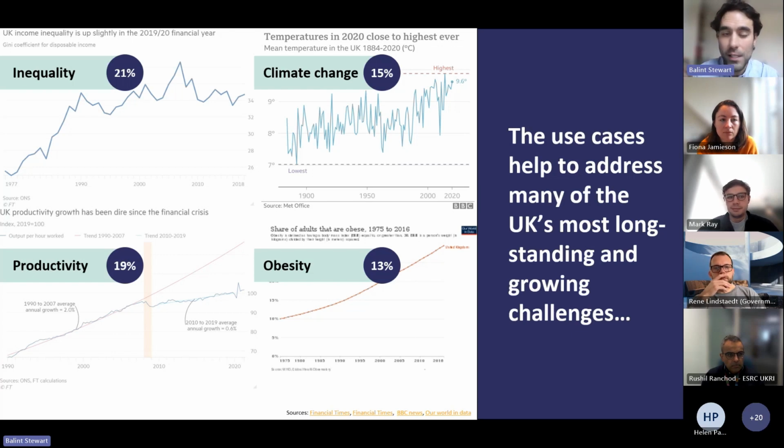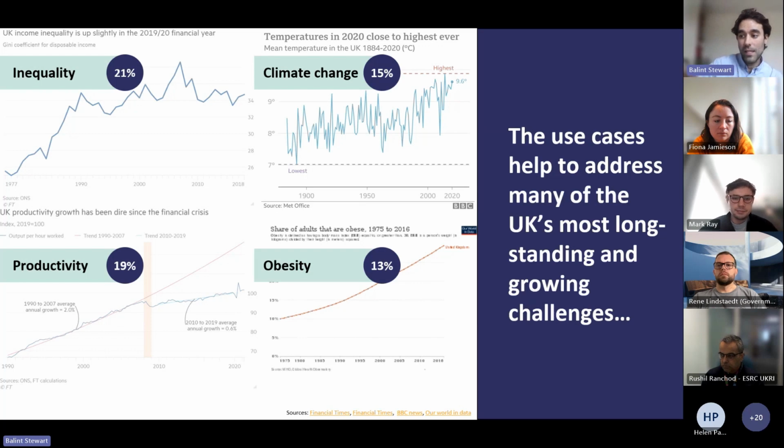There's social inequality. Inequality has been rising since the late 1970s. Climate change has been going on since the Industrial Revolution, although it's only been in the last couple of decades that I think collectively we're beginning to understand what a problem this is going to be and the need for collective action for it.